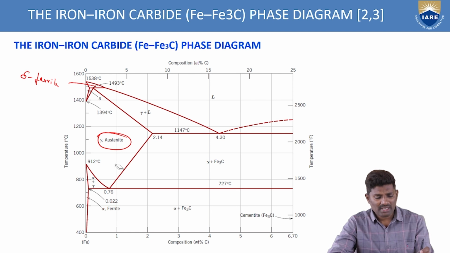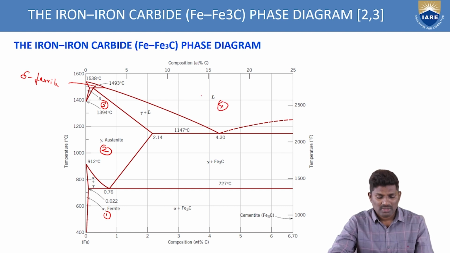Again, if you see here clearly, how many single phases are there? This is single phase 1, austenite is another single phase, gamma is another single phase, the liquid is the fourth single phase, and of course, this is the fifth.